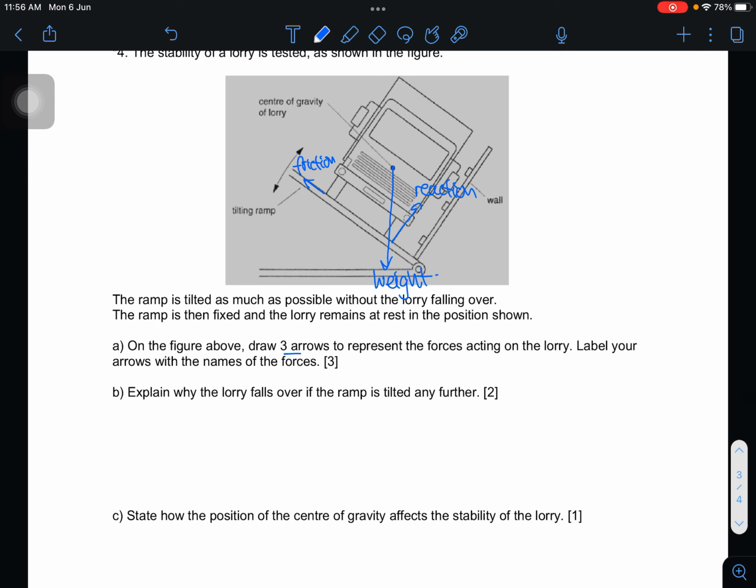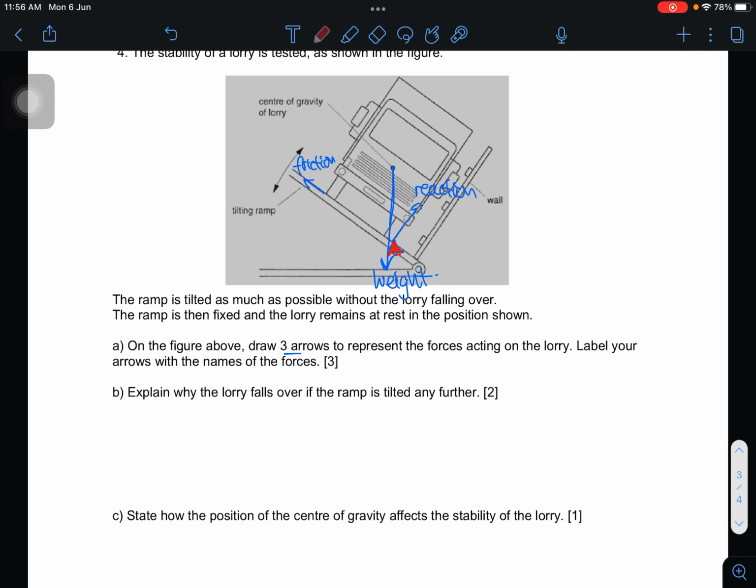Explain why the lorry falls over if the ramp is tilted any further. You see, the weight is now acting within the base, so it does not fall over. But imagine if I tilt some more, the CG will be moved to the right a little more, such that the CG will fall outside the pivot. This is the pivot, let me draw in red.